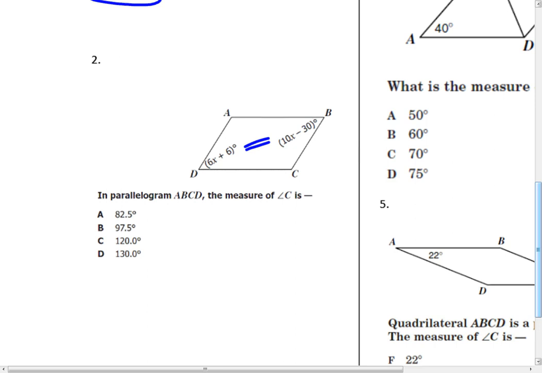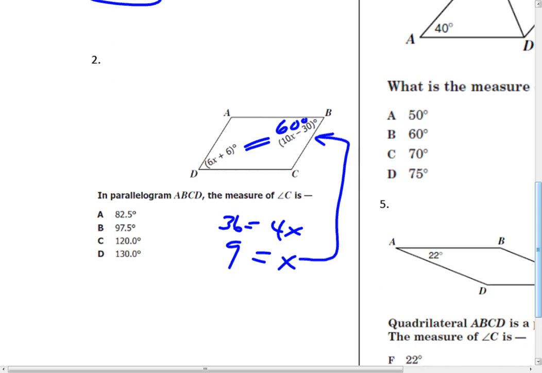If you set up that equation, then 4x equals 36, x equals 9. We're not looking for x. We got to put that back into here. 9 times 10 is 90 minus 30. That angle is 60. I'm still not looking for that angle. I'm looking for the angle down here that's supplementary.